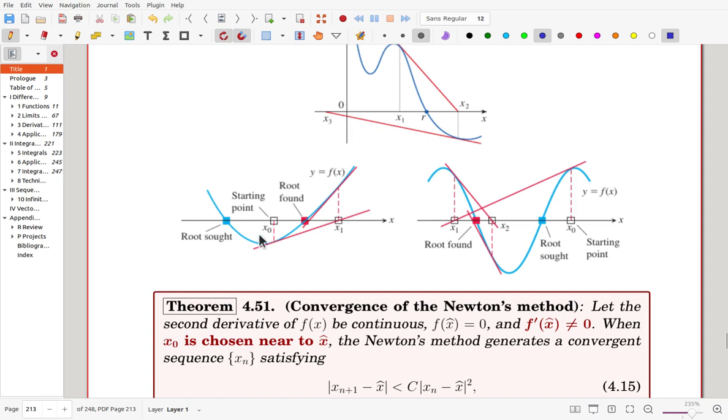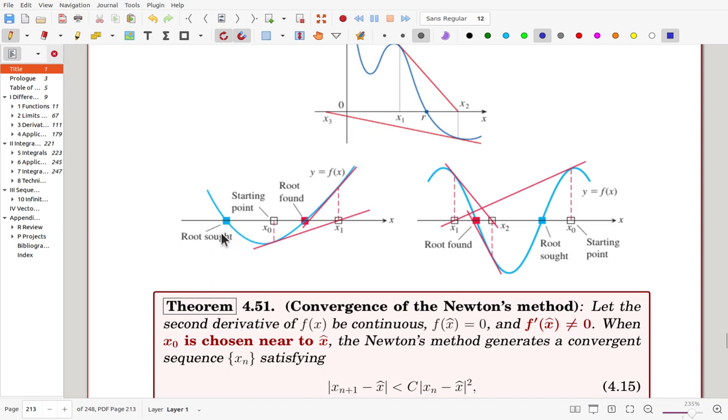But if you start far away, then from this point you can make a tangent line and x-intercept, that is the updated iterate, and now go to the curve and make one more tangent line, so the updated value will be here, and eventually it'll converge to that root. It's not what you want to get. However, once it is convergent, then it is a root.